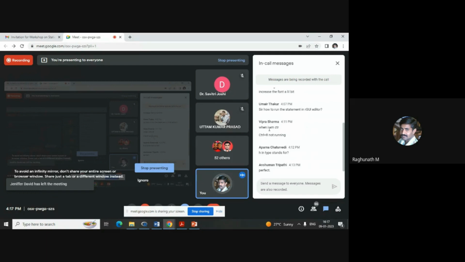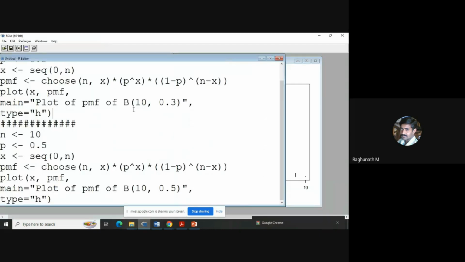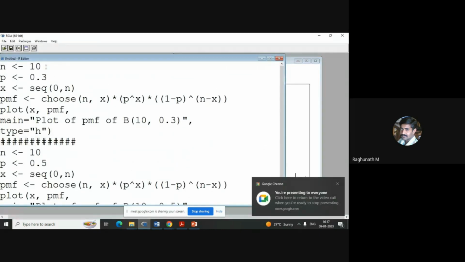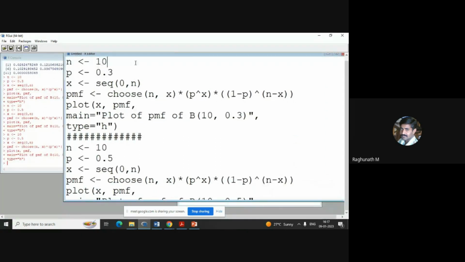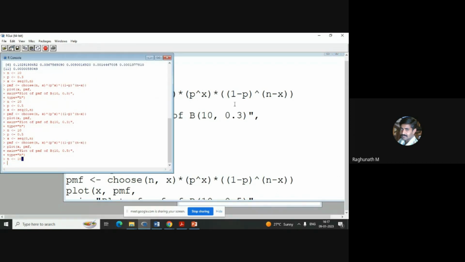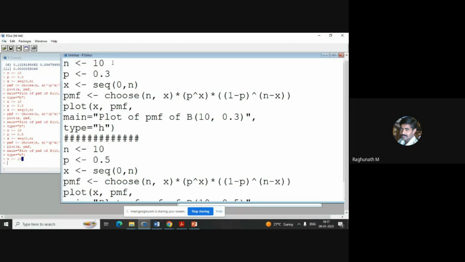Vipra Sharma has written one comment: Control R. If you go to this console, I will show you. Coming to this part, this n is equal to 10. You just hold Control and press R, and it is working. See here, it works. If you use the script file, if you go to new script and start typing, Control plus R will work.